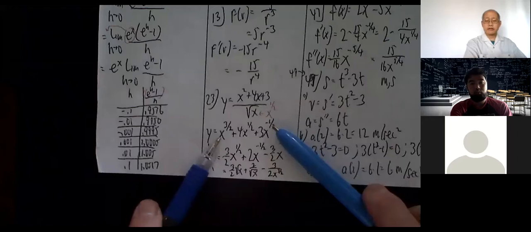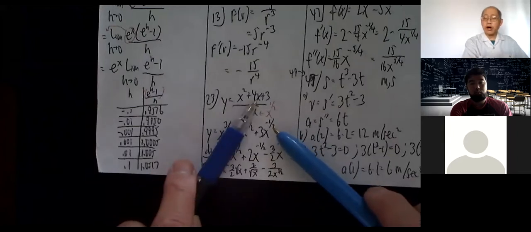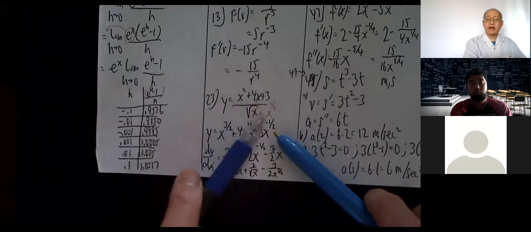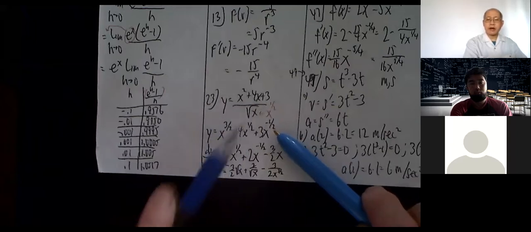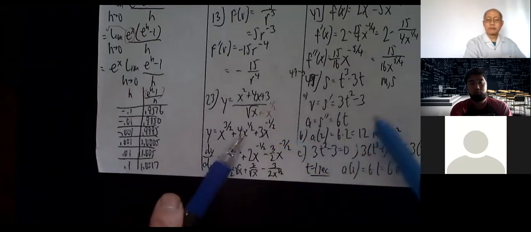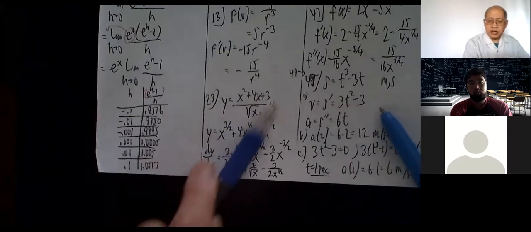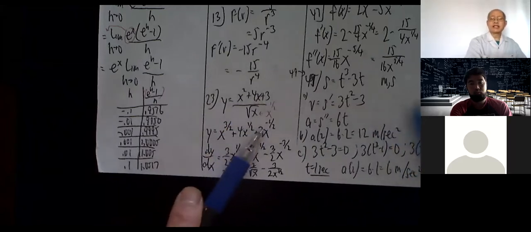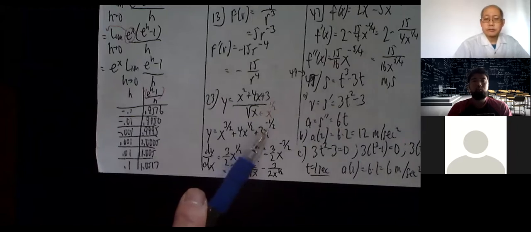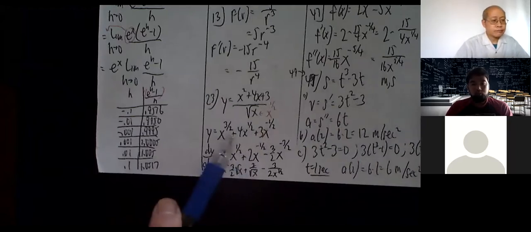So x to the 3/2 plus 4, x to the 1 divided by x to the 1/2. So I subtract 1 minus 1/2 is 1/2. And then 3 divided by x to the 1/2. Well, it's just like you bring the x up, and so I have 3x to the negative 1/2. Okay, so I'm going to write it like this.